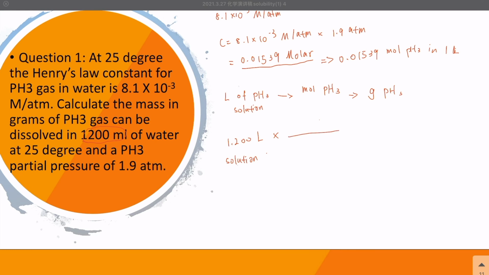So here we have 1.2 liter times 0.01539 mole PH3 divided by 1 liter, and then we multiply by the molar mass for PH3 according to the periodic table, which is 34 gram per mole.